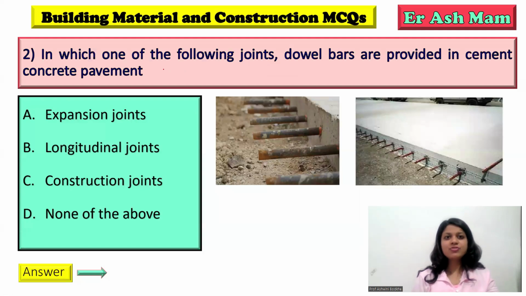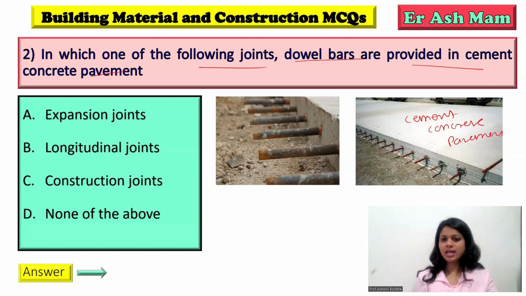Next, in which one of the following joints are dowel bars provided in cement concrete pavement? You can see here this is a cement concrete pavement, and these are dowel bars. First, what do we mean by a dowel bar?